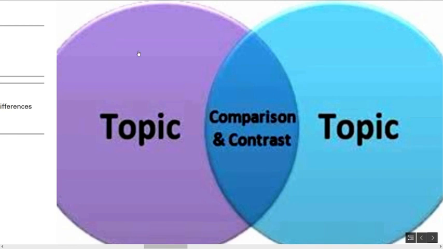There are things that are going to be dissimilar between them, but then there are things that are going to be right there in the middle with the comparison of the two. So think of these ends here as the contrast, and right here is the comparison.